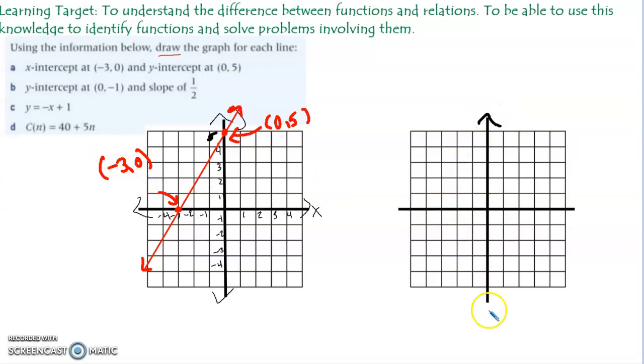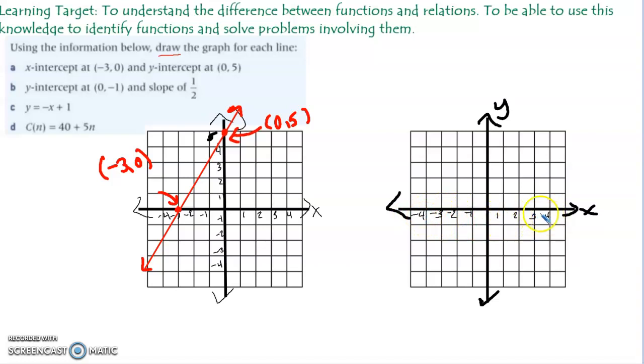Okay, next up, the second one states a y-intercept of 0, -1 and a slope of 1/2. This again started with x and y. So we have a y-intercept of -1 and a slope. So I'll start by showing this -1 on the graph. And again, I would write the values in to be very clear.